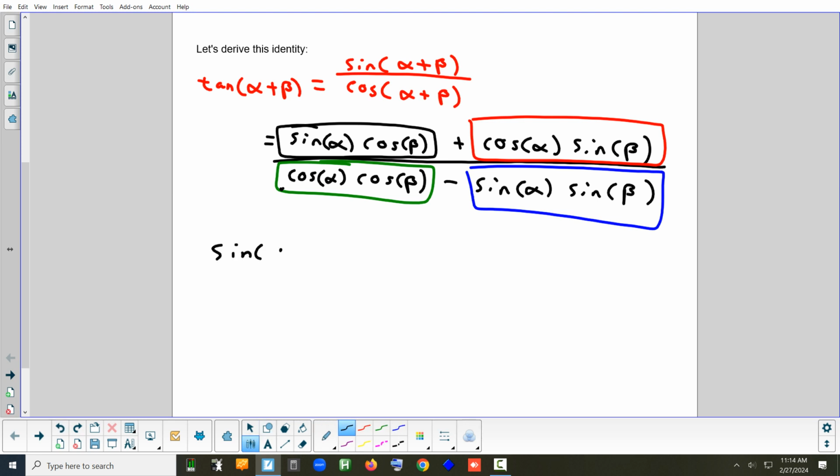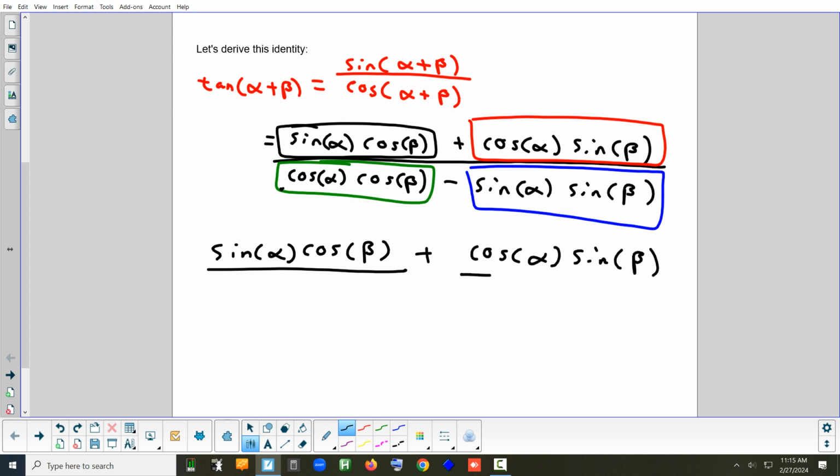So we've got sine alpha, cosine beta. We're going to divide it by something. Plus cosine alpha, sine beta. We're going to divide that by something. Then we're going to have the original division line.